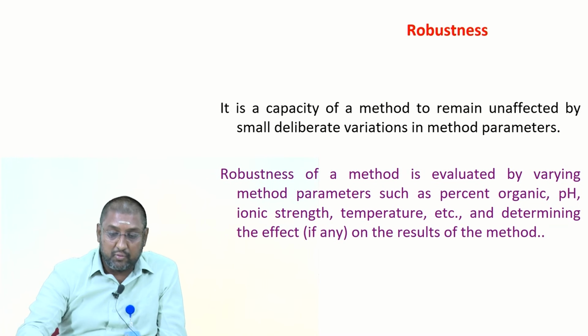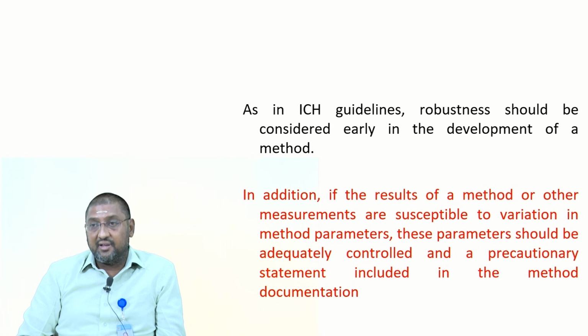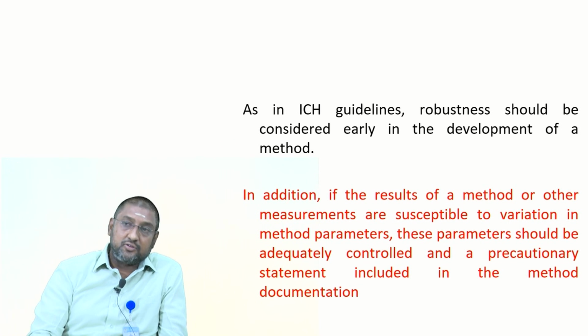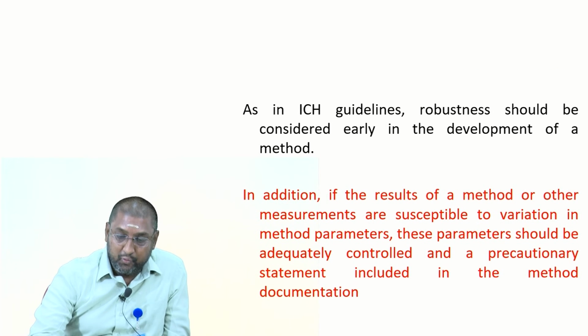That is called robustness. As in ICH, robustness should be considered early in the development of the method. In addition, if the result of the method or other measures are susceptible to variation in method parameters, the method should be adequately controlled and a precautionary statement included in the method documentation. So, whatever values you get should be documented for approval.